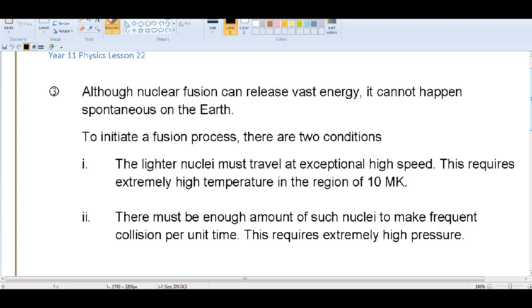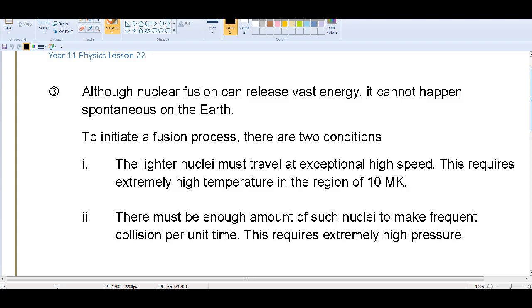First condition: you see that nuclei are positive. If you want them to collide and fuse together, first of all they have to overcome the electrostatic repulsion between two positive particles at a very close distance.